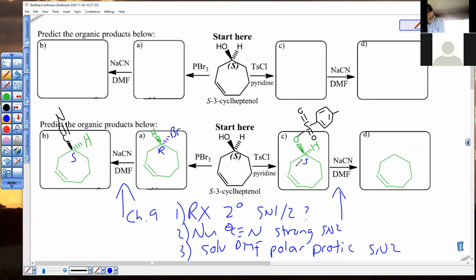Here, S stayed S, and you made it into an excellent leaving group. So the cyanide is going to end up on a dash. That pushed the H out. And the stereocenter is now R.